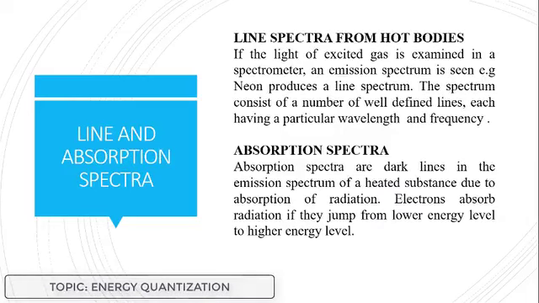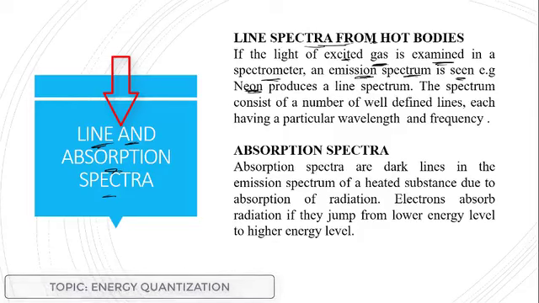Now let's talk about line spectra from hot bodies, line and absorption spectra. Line spectra from hot bodies simply refers to what happens to an excited gas when it is examined in a spectrometer. We see that an emission spectrum is seen as a result of the light from the excited gas.